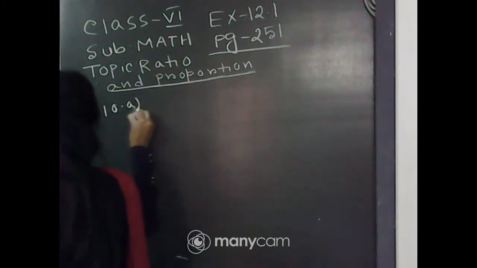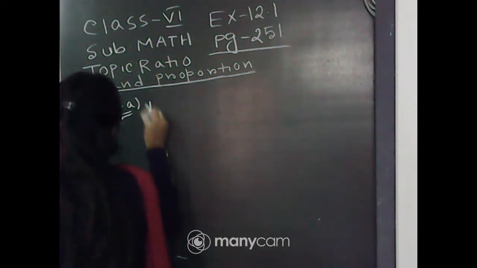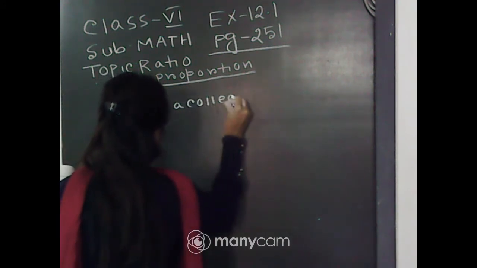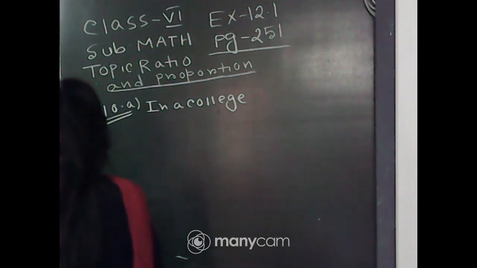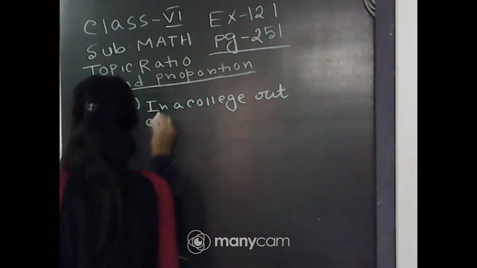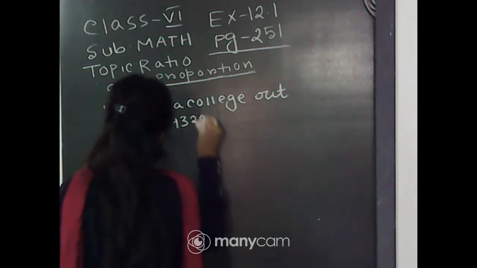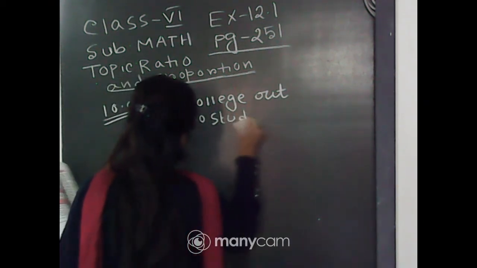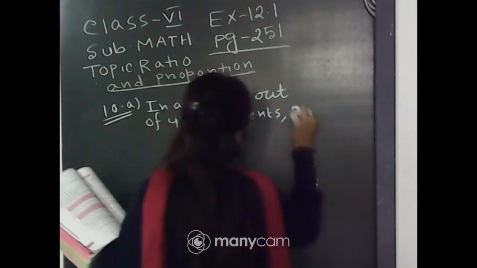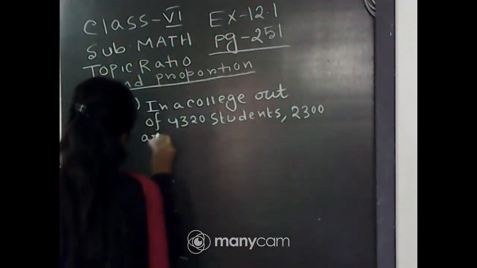Question 10a. In a college, out of 4,320 students, 2,300 are girls.